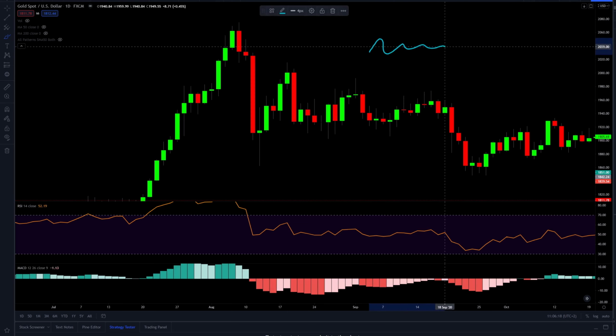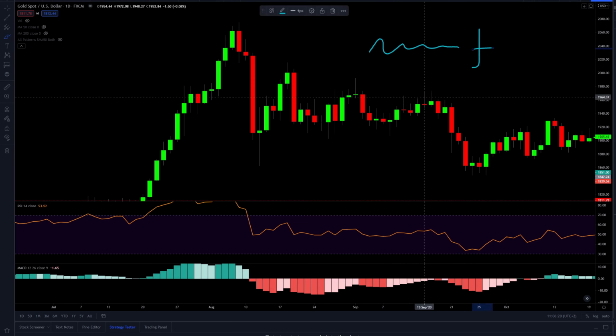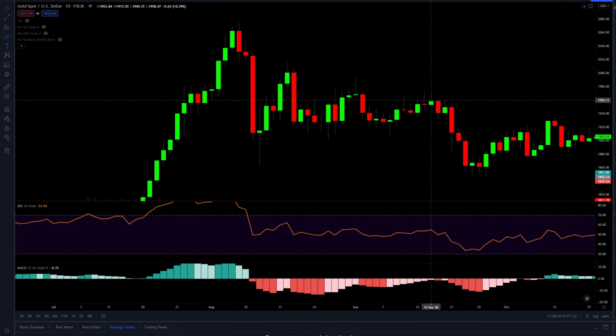If you have, for example, sideways action and then a doji, it doesn't provide much value at all, because the doji by itself represents market indecision, as we talked about. And if you have a candle that represents market indecision after a long period of just indecision, it doesn't provide any additional value. But let's take a look here.